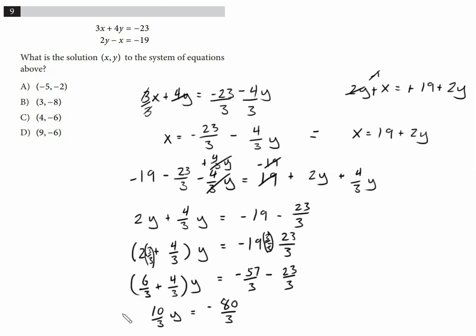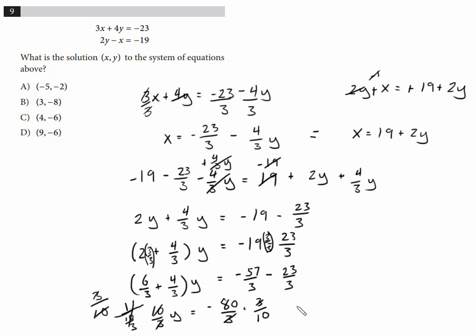And to get the y alone, I'm going to divide both sides by 10/3. So 1 over 10/3, which is also 3/10. So these two cancel, these two cancel. So 3/10.